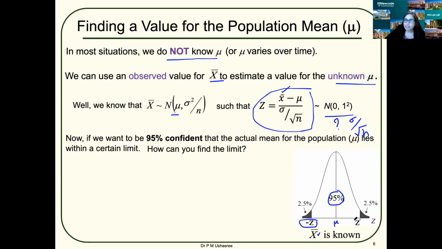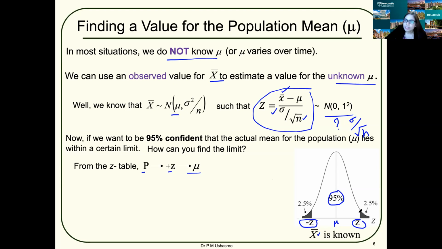Z is not known now. Sigma is known, and n, the sample size, is known. If we know the probability, we can find the Z value from the Z table, and then estimate the population mean. Let's do that now.